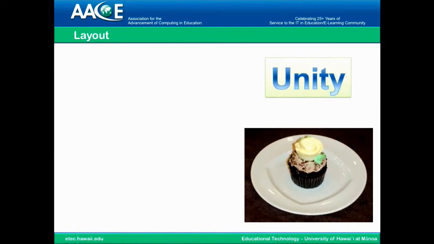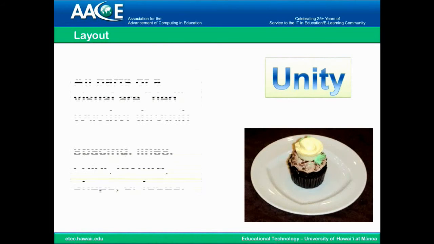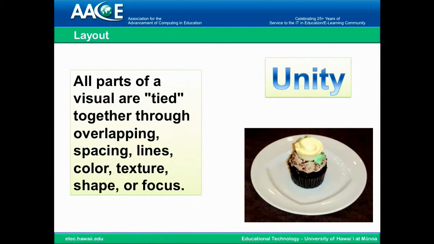Unity is a concept most people haven't heard of. It means all the parts of a visual are tied together through overlapping, spacing, lines, color, texture, shape, or focus. In this slide, you see we have 3 objects: the word box on the left, the cupcake, and the title on the right.